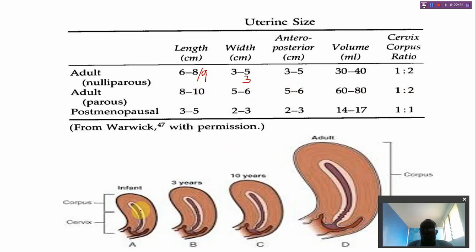You can see this from the infant stage to the adolescent stage, the teen stage, and the adult stage. So these are stages of the uterus with their growth. Then from the postmenopausal womb, that is when the womb becomes atrophic.